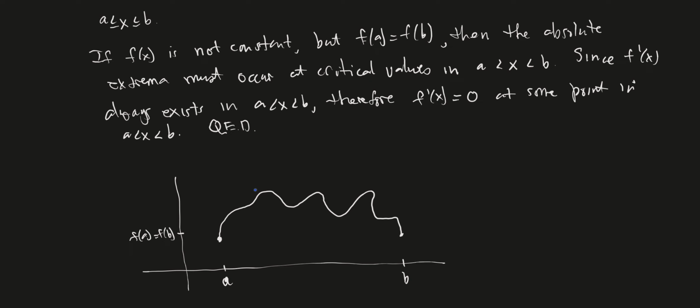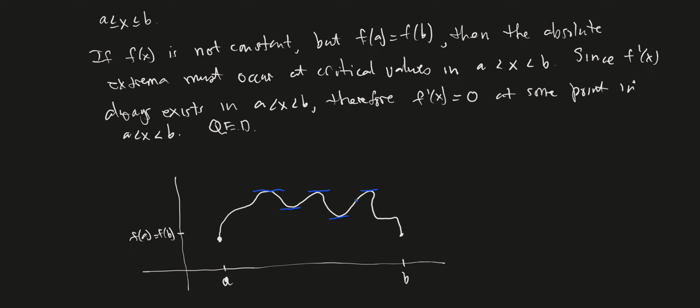Now we can see we have lots of them here. Here is a point where the tangent line is horizontal. Here's another point where the tangent is horizontal, and there, and there, and there, and so forth. So it guarantees the existence of these stationary points on a particular function. Now, what it's not saying is that this is the only scenario that will lead to these stationary points.